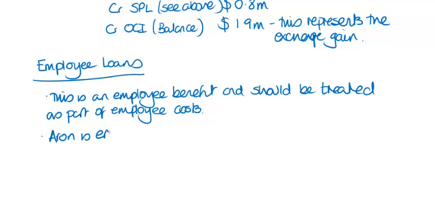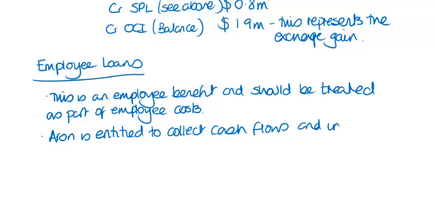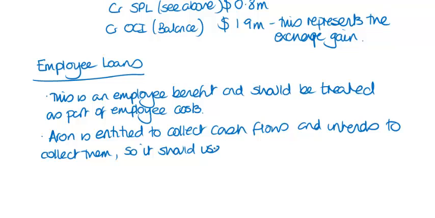Aron is entitled to collect cash flows and intends to collect them. So it should use the amortized cost method.